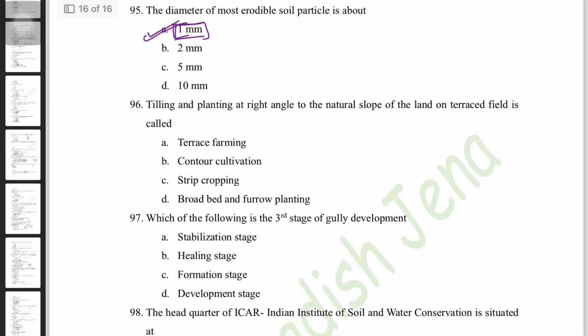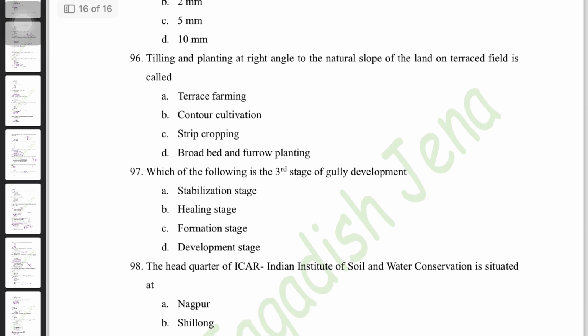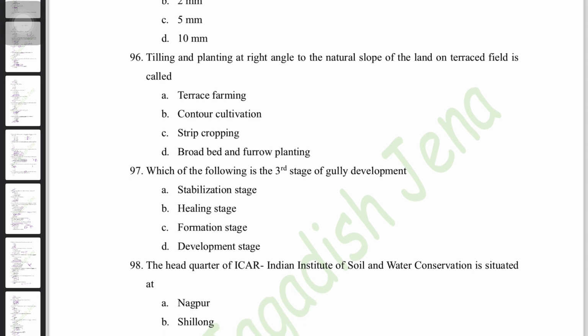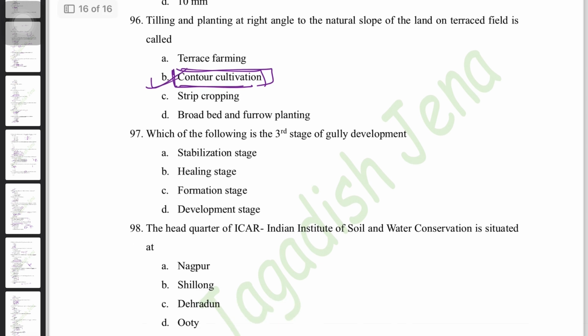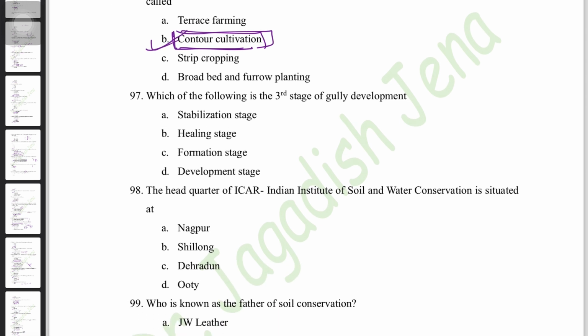Tilling and planting at right angle to the natural slope of the land on terraced field is called tilling and planting. So basically you are cultivating the soil at the right angle of the slope, that is called contour cultivation. So you are basically cultivating in the contour, and that should be across the slope, that is right angle to the slope. Next, which of the following is the third stage of gully development?